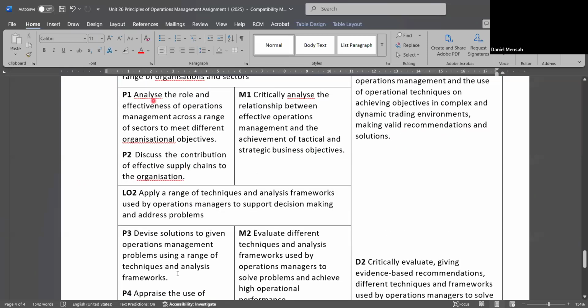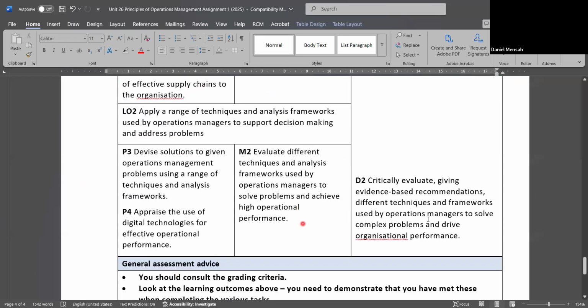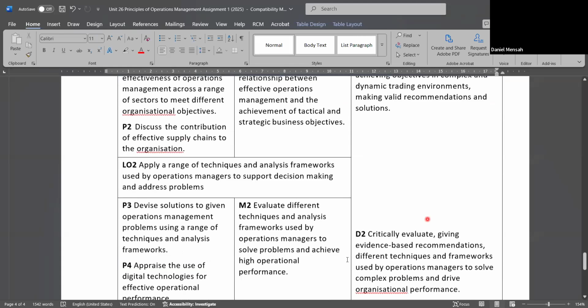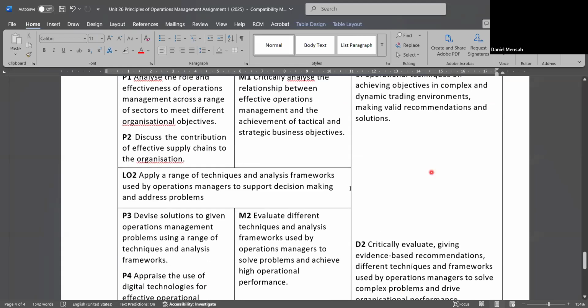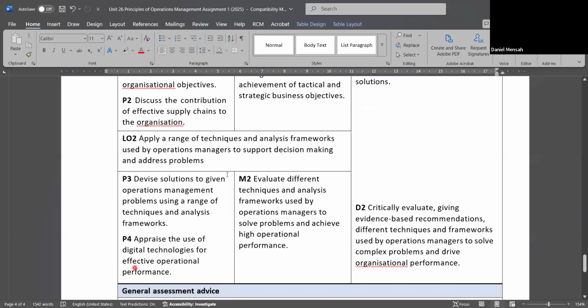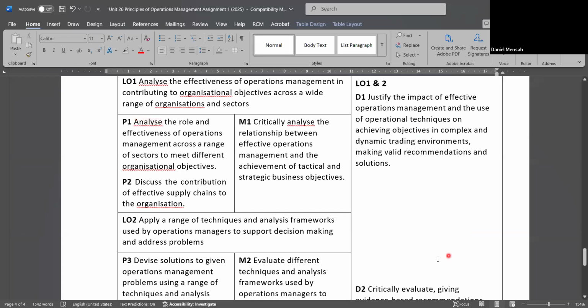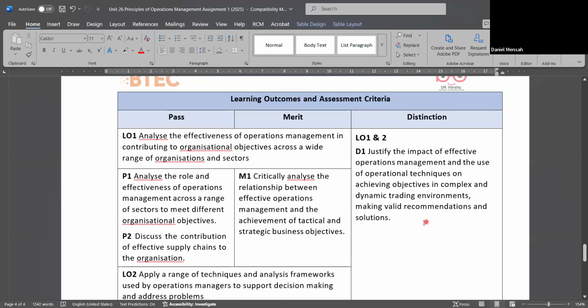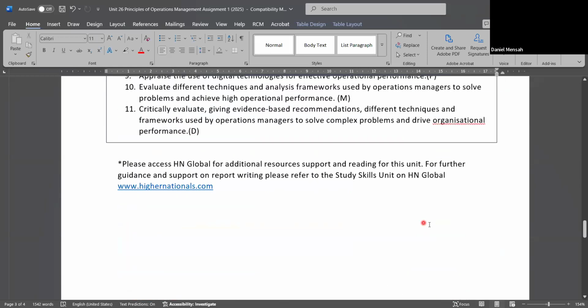First, you need to meet all the pass criteria and merit criteria. Then you meet all the distinction criteria. So it's your choice where you want to stand or what you want to achieve. You may want to achieve the pass, merit, or distinction. Is that clear, Keith?